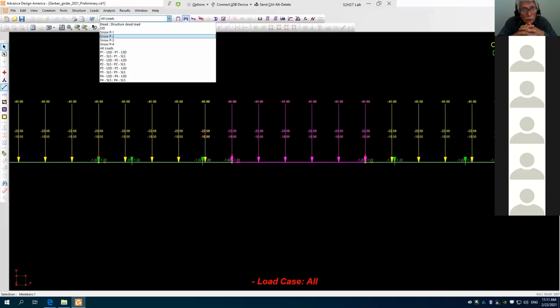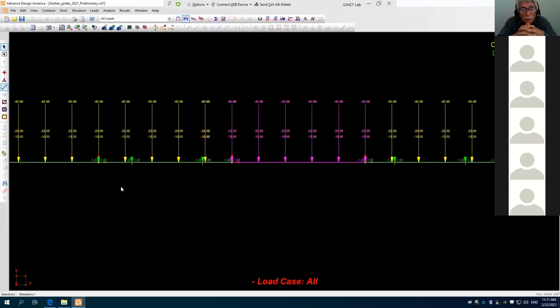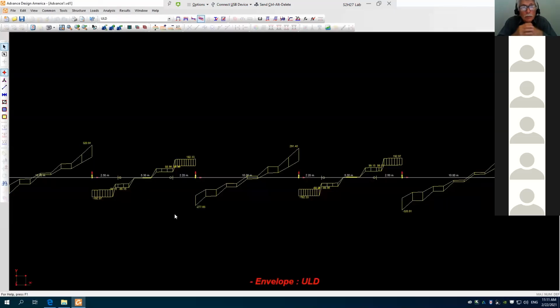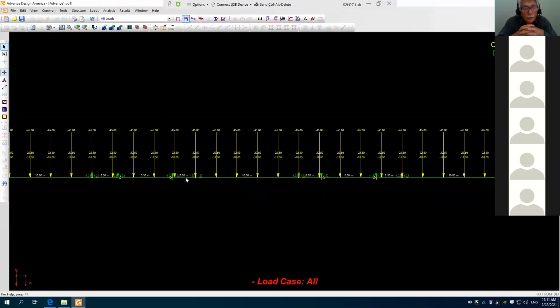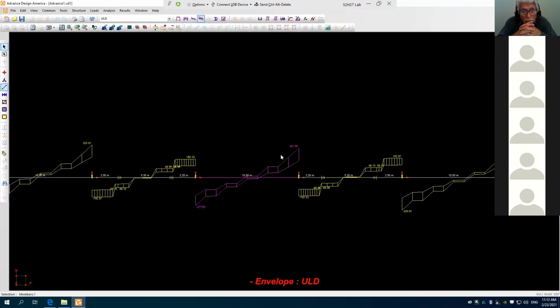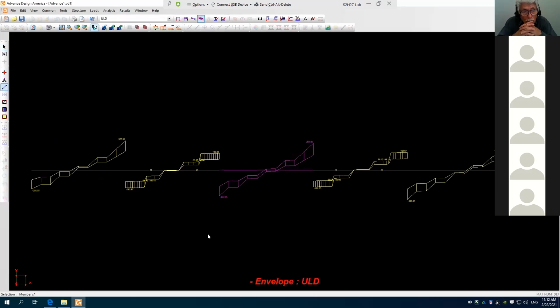When I did it myself, on my loads here, this is my file right now, I placed them here, and the 45 is on this one, which I believe is correct. And this is what I got. So it's a lot smaller.